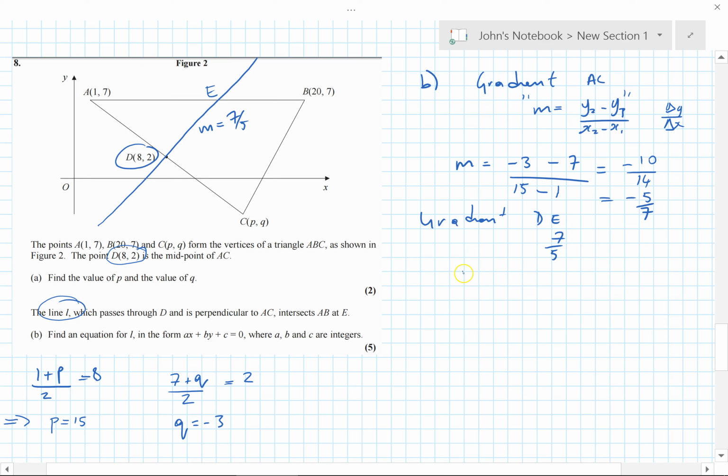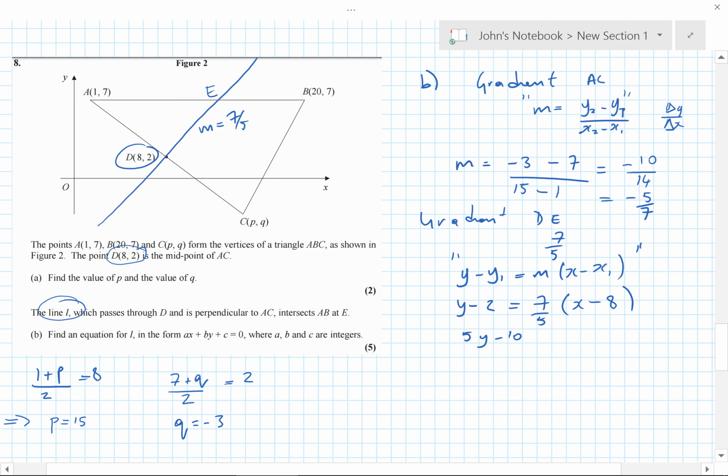And we know the gradient of this line is 7 over 5. So we can use y minus y1 equals m(x minus x1), which we used in the last question, where it's not uncommon to have a couple of questions using that. So y minus 2 is equal to 7 over 5 (x minus 8). Checking I've got my y's and x's the right way around, because it's easy to make a mistake here.